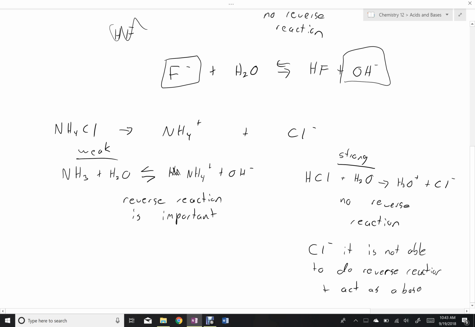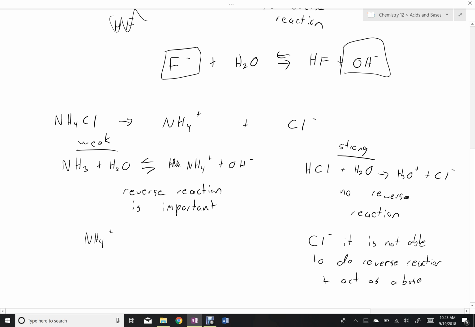So that means that this NH4+ is able to drive this reaction backwards. So if that NH4+ finds a water molecule, it can react to produce NH3 and donate its proton, creating hydronium, where it's acting as a weak acid.